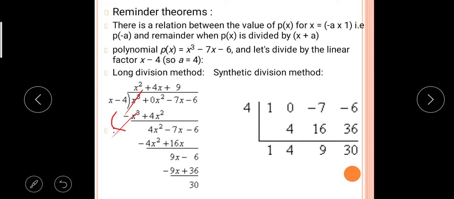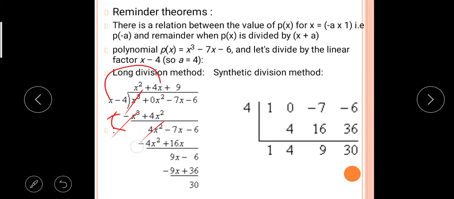Now for this 4x square minus 7x minus 6, what do we want? We want the 4x square. If we want 4x square, then we have to multiply by x, that is 4x. Now multiply this 4x by x minus 4. You will get 4x square minus 16x, and this minus and this minus become a plus 16x.